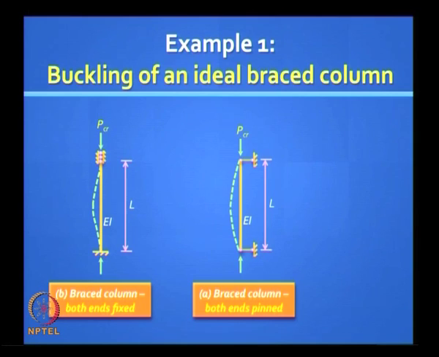Okay, what is the value of P critical for this? Pi squared EI by L squared for the second case, K effective is 1, and the first case 0.5, which means the load will be 4 pi squared EI by L squared. We know the answer.